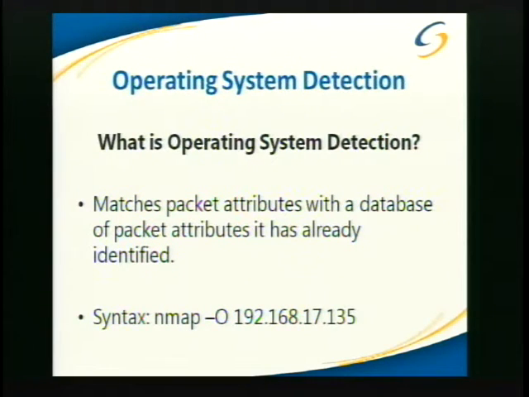Based off of the responses from those probes, Nmap is able to take all the attributes and the different properties of those packets, and it matches them with attributes in a database of machines that's already identified as Windows or Linux or Mac in the past. Let me show you an example.